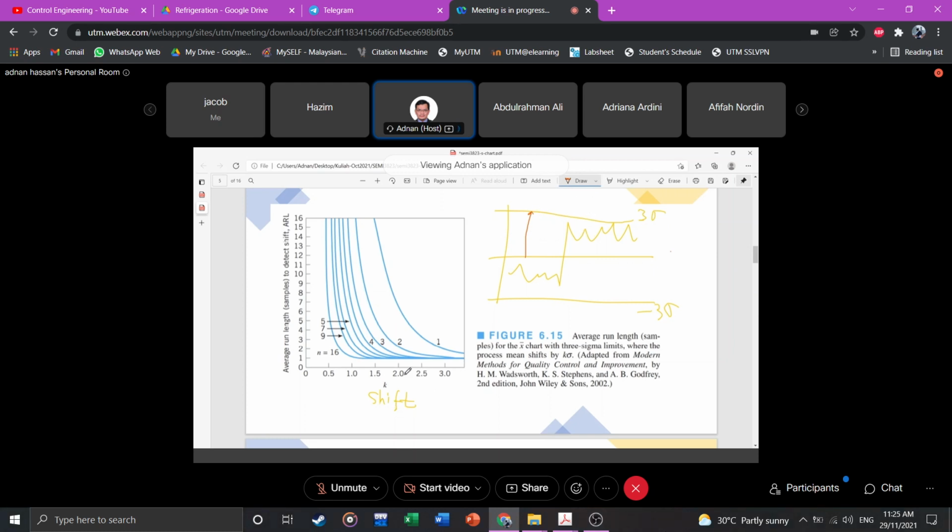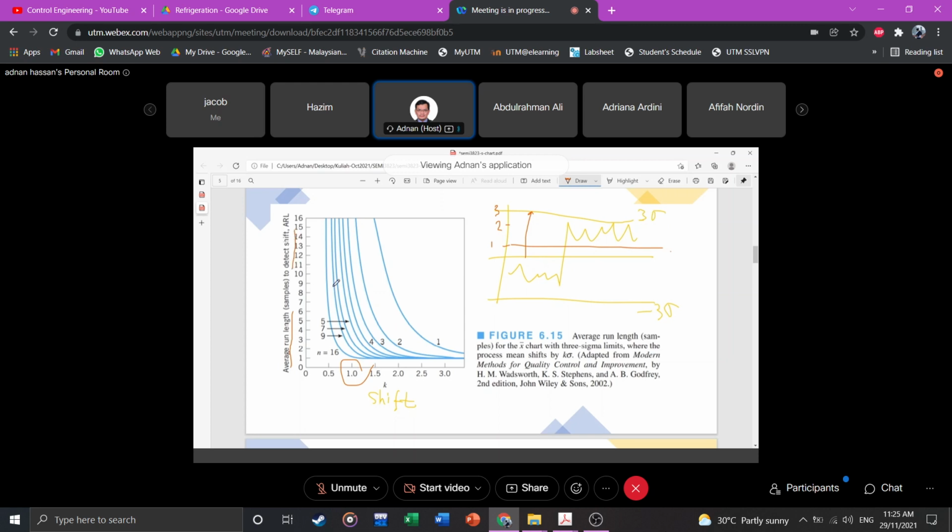If there is shift 2, somewhere here, this is 2, this is 3, this is 1 shift. If there is a shift of 1 here, it means this process shifted to this point. So what we want to see is how quick the ARL is to detect the shift.